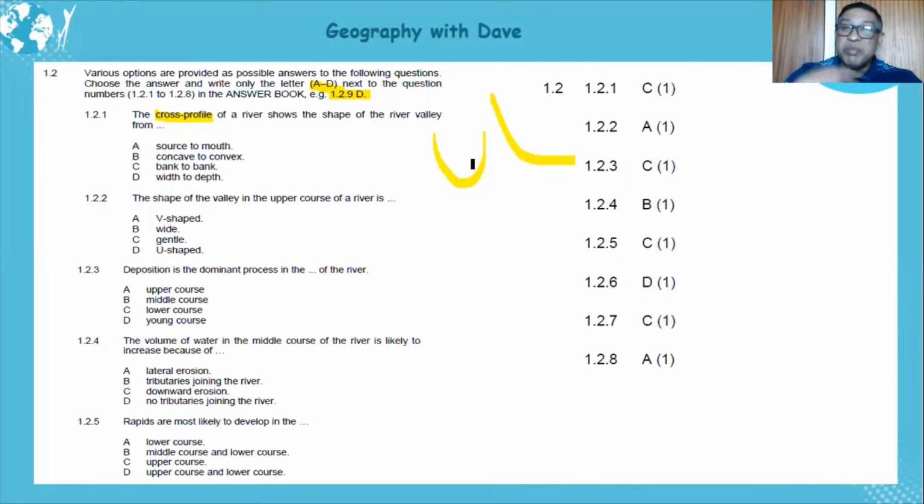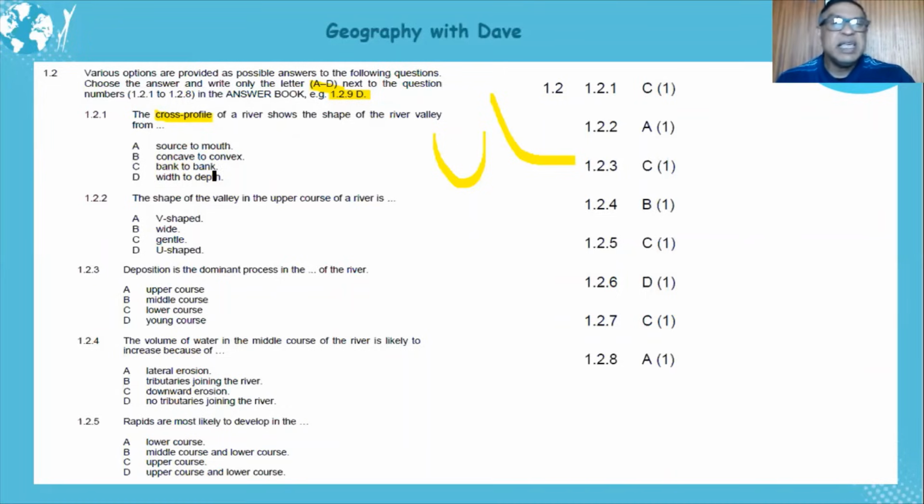Before I even look at the options, I'm already visualizing the concept. What is it? It makes my answer easier. Go over all 4 options. Source to mouth? No. Concave, convex? No. Bank to bank? Yes. Width to depth? Let's look at it.